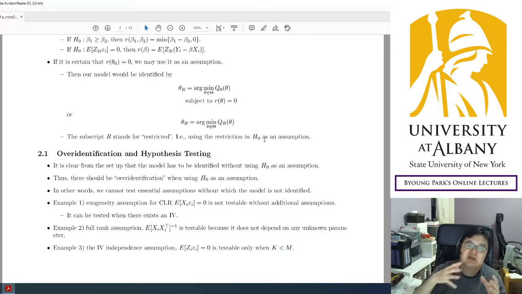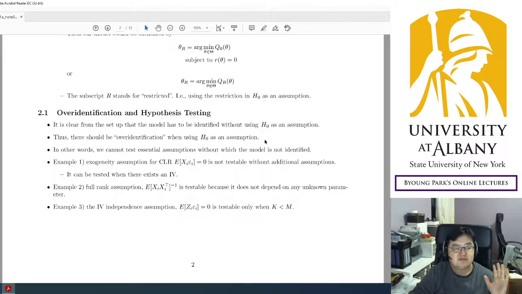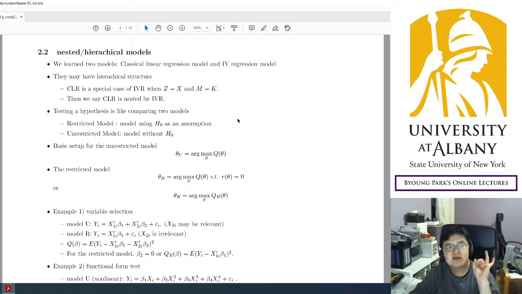So your hypothesis will become an over-identification condition. And second, I talked about the nested relationship. When you have more assumptions, we say that model is nested to the model which is more general, which is more like a milder.